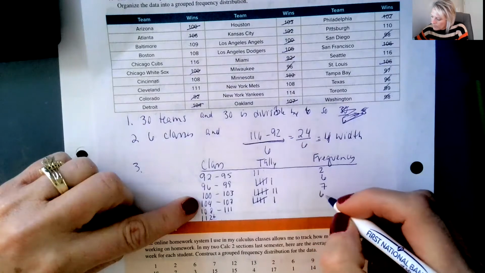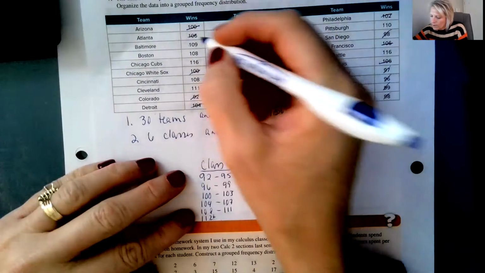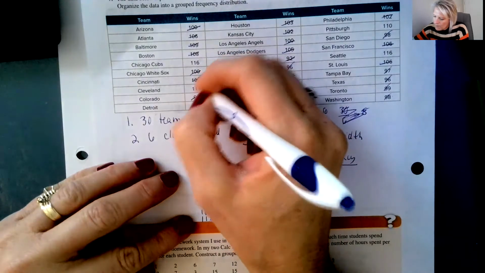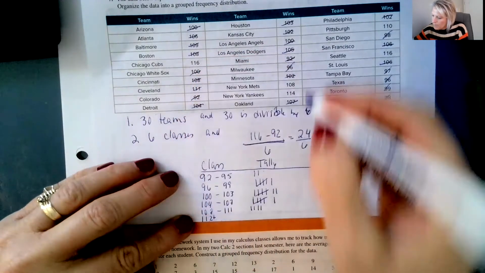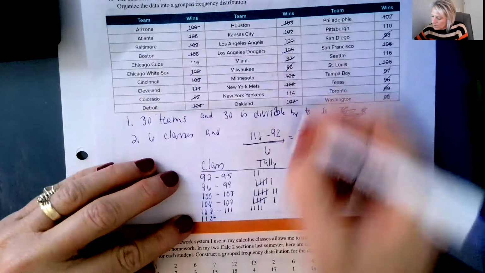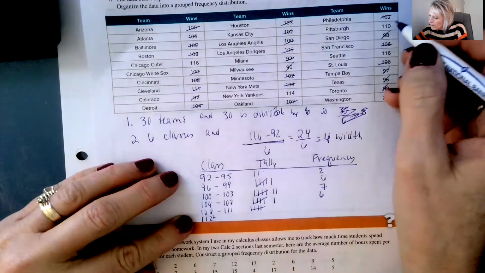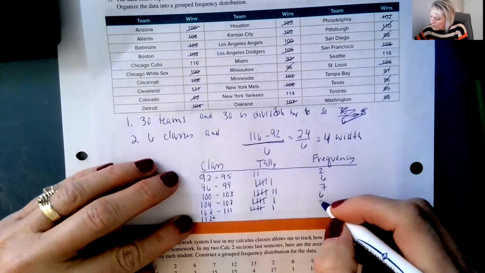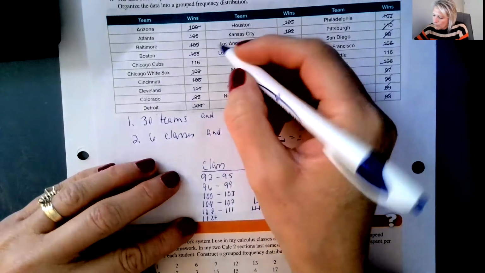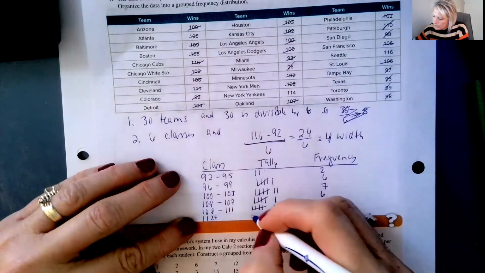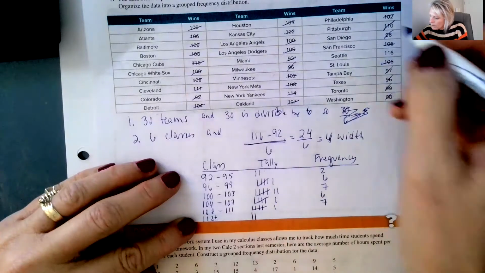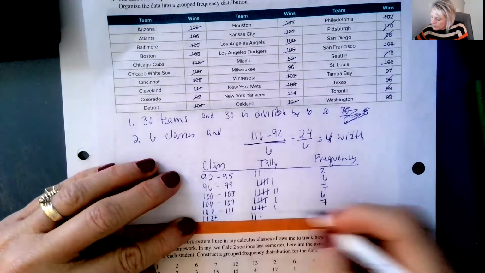And I got 6 again. 108 to 111. Okay, and then 7 in that group, and then 112 plus, so that 116 goes here, 114 goes there, the other 116, so 3.